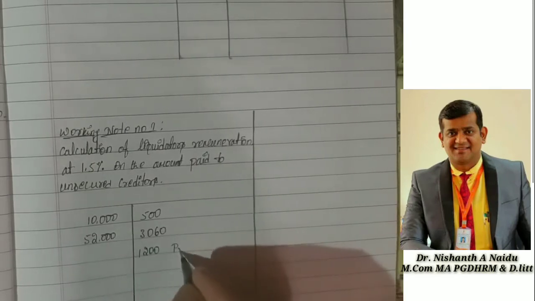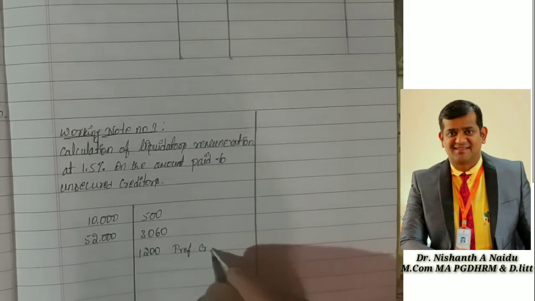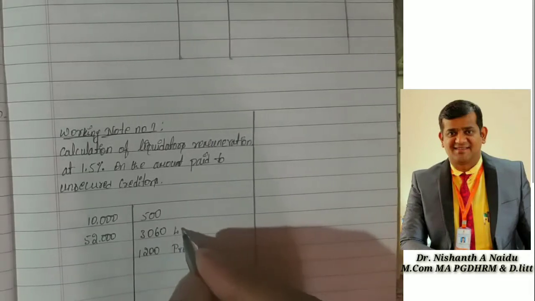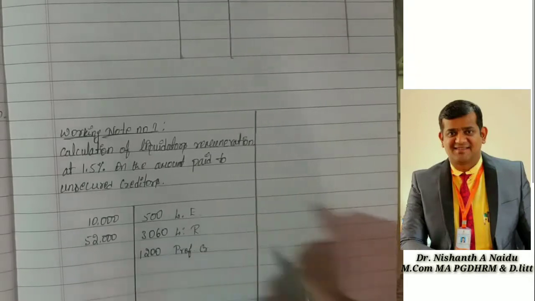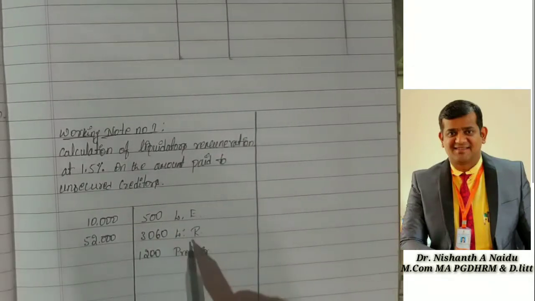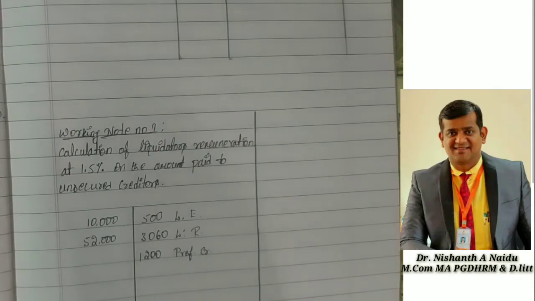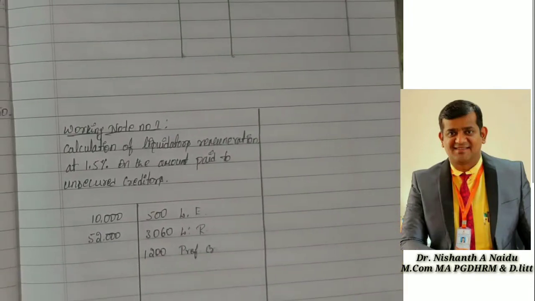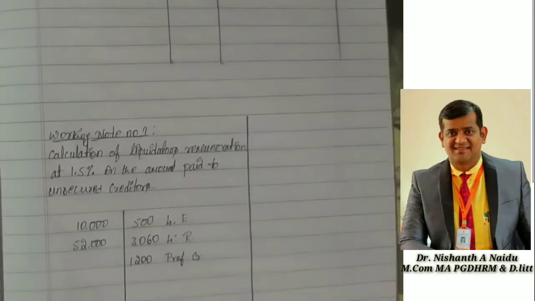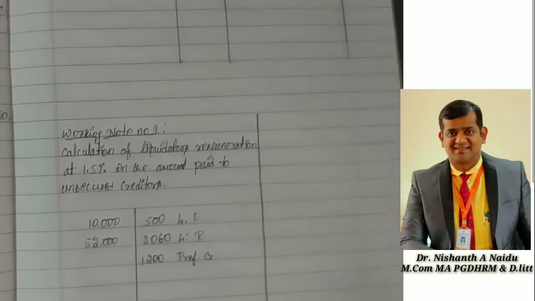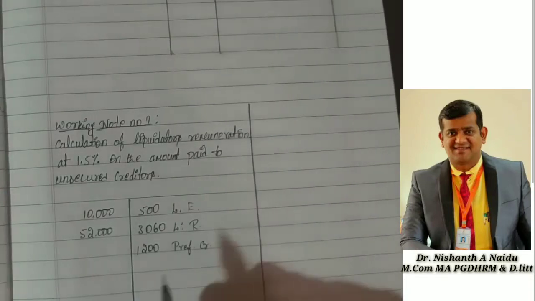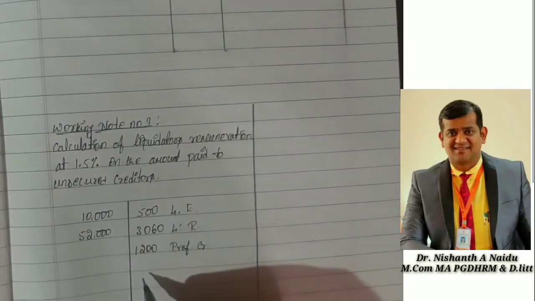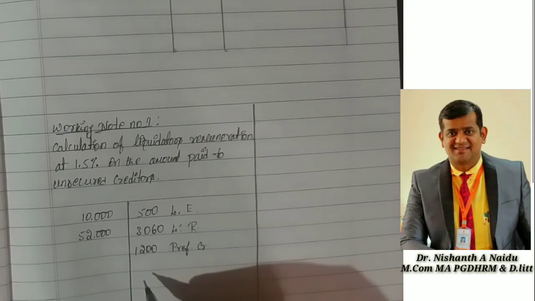Okay, this is liquidators remuneration. This is liquidation expenditure. Preferential creditors is always considered as unsecured creditors, correct? So on that 1,200 also we are supposed to calculate 1.5%, correct?